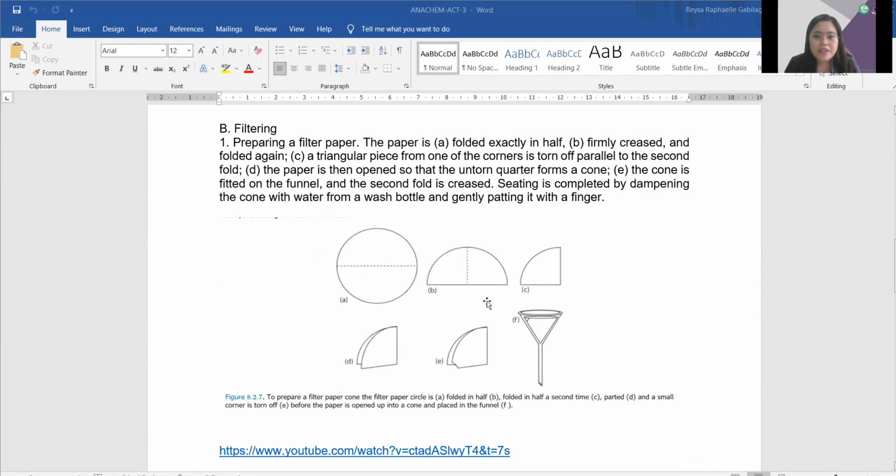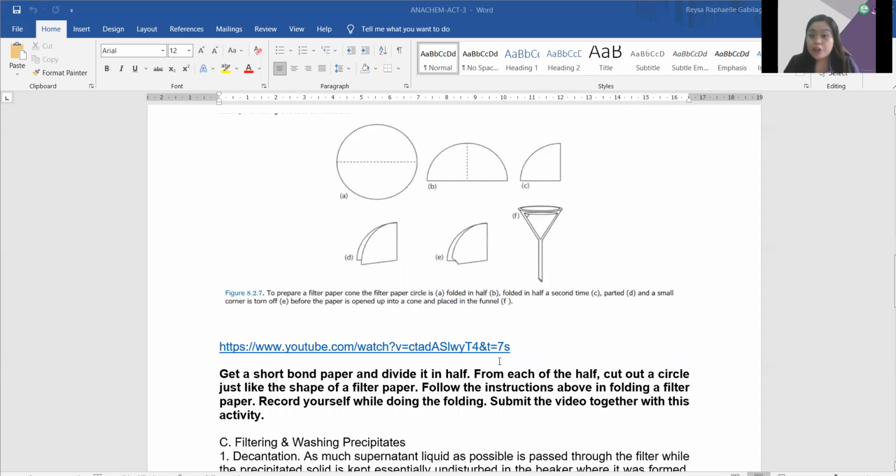And then we have here filtering using a filter paper, wherein the procedure for folding the filter paper and placing it in a funnel is being included. You also have to be familiar with that sa folding mismo. Or you can watch the provided video.